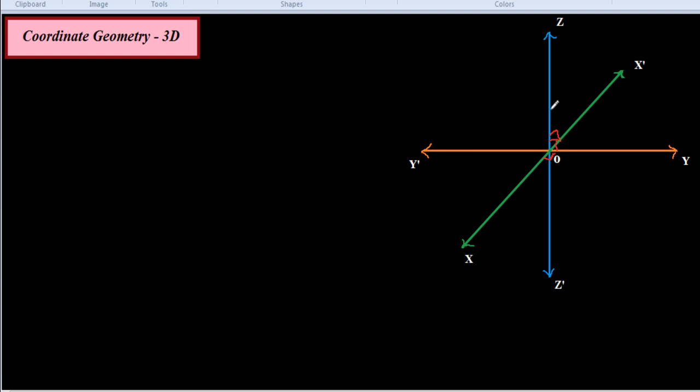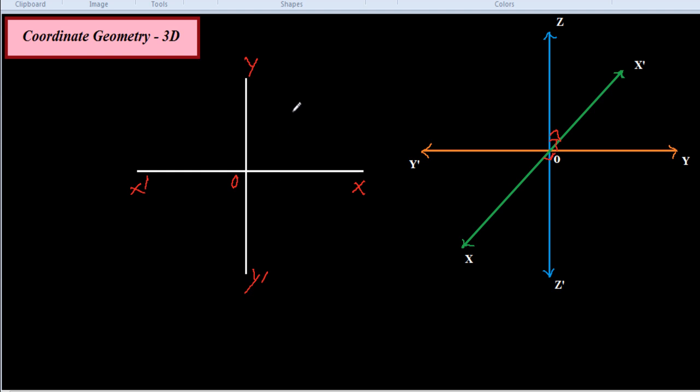We have already seen that in 2 dimensions there are 4 quadrants. The 2 axes, x-axis and y-axis, divide the plane into 4 quadrants: first quadrant, second quadrant, third quadrant. In 2 dimensions we have the x-axis, x dash, origin, y dash.